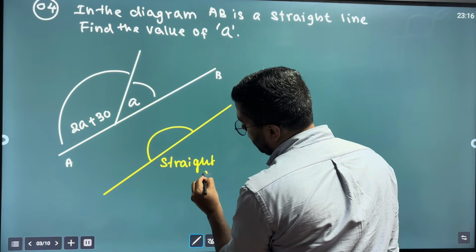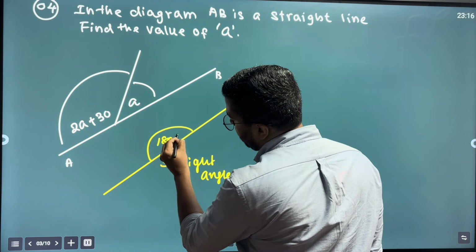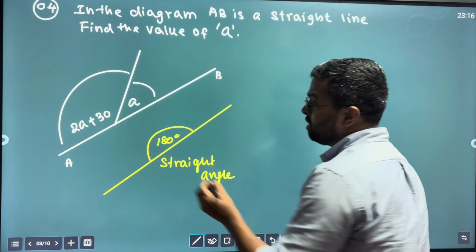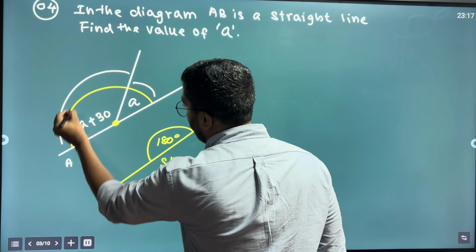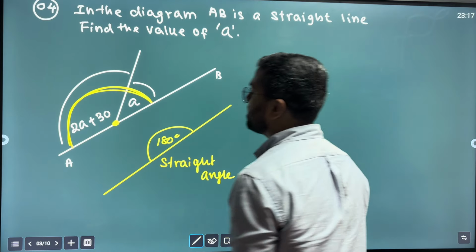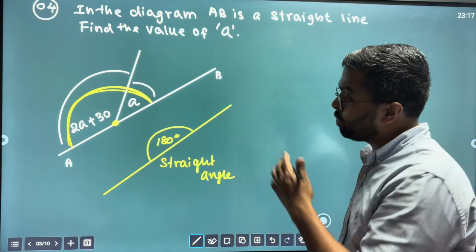The magnitude of a straight angle is 180 degrees. So the magnitude of all the angles around this point is 180 degrees. That is the theory we are going to use to get the answer.